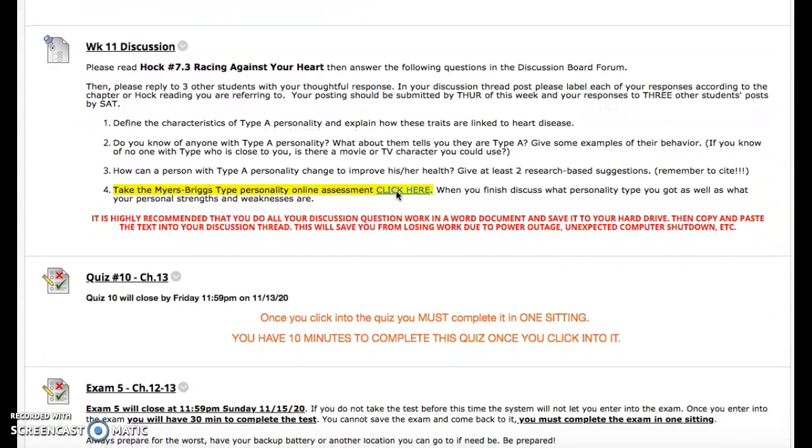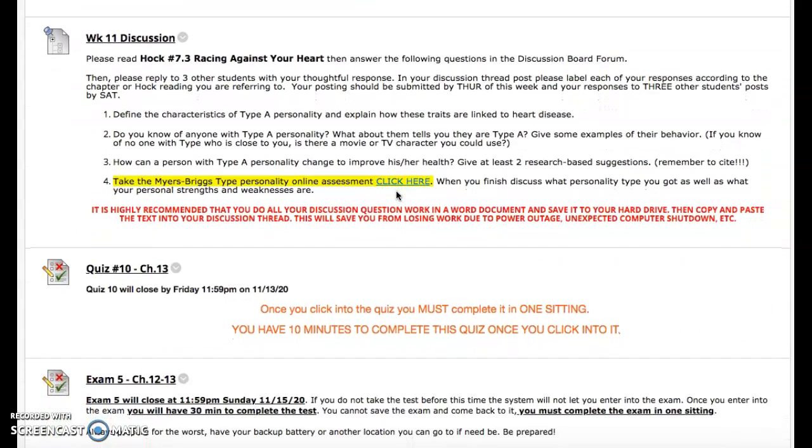Your discussion for this week revolves around the Hawk reading. So this week you are reading Hawk 7.3, which is Racing Against Your Heart. And that's obviously in addition to chapter 13, Ciccarelli and White.